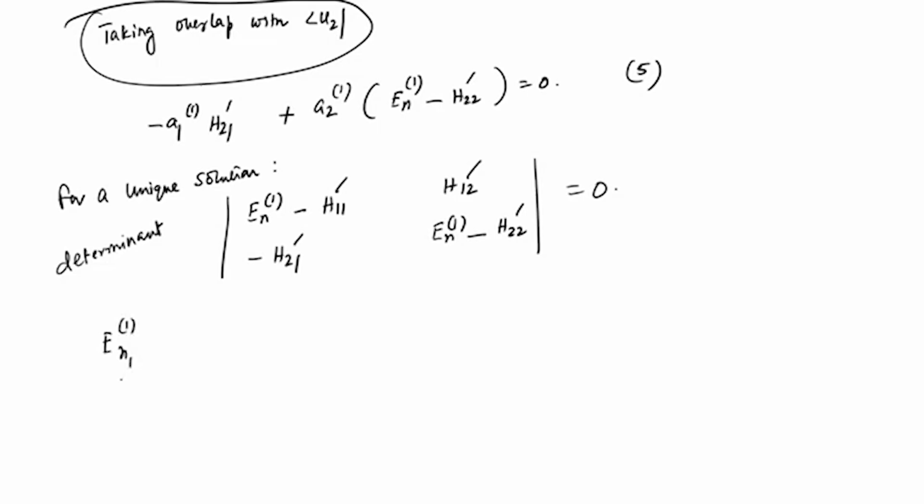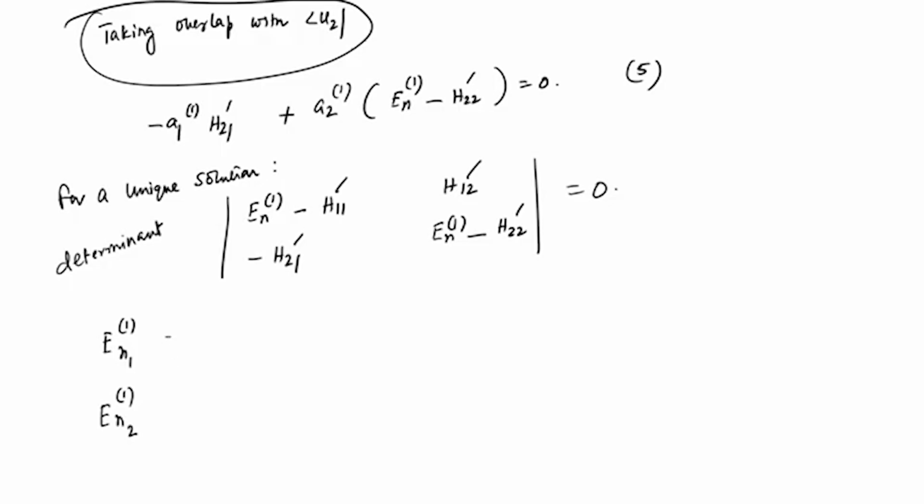So, we will write En1. So, this 1 means that there are two solutions, the one in the subscript of n, that means that there are two solutions, and we are talking about En1 and En2, but the superscript inside bracket, that tells you that we are talking about the first order perturbation theory.